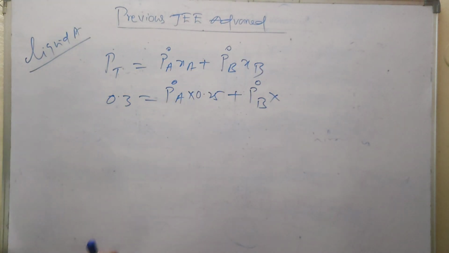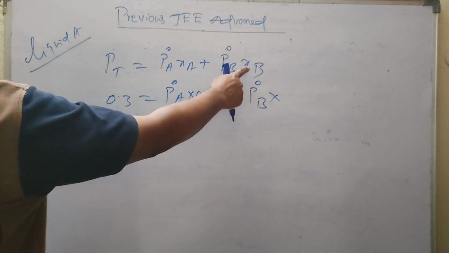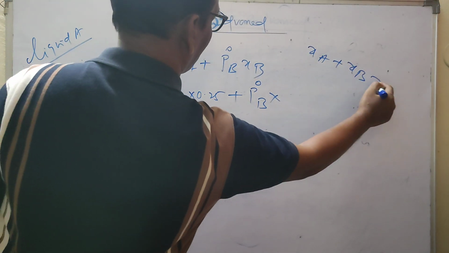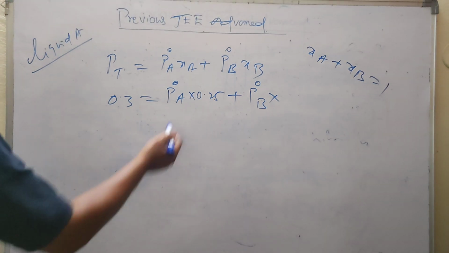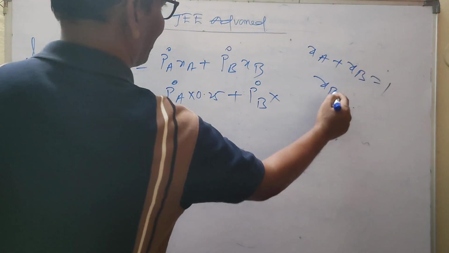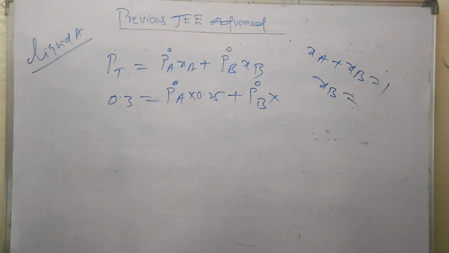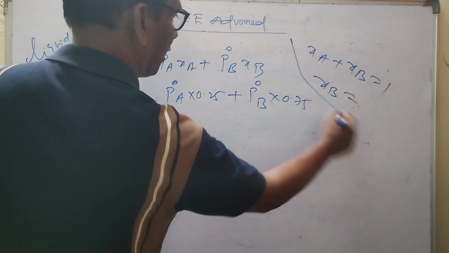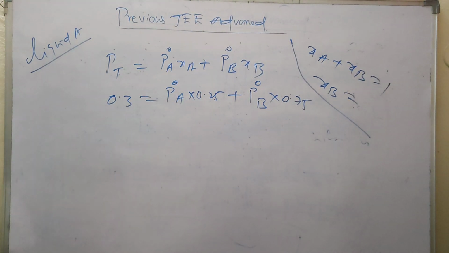What is the XB? Once you know XA, automatically XB you are going to get, because XA plus XB is equal to 1. You just substitute the XA value, XB you are getting. If you calculate, 0.75 you are going to get. Don't disturb this one.